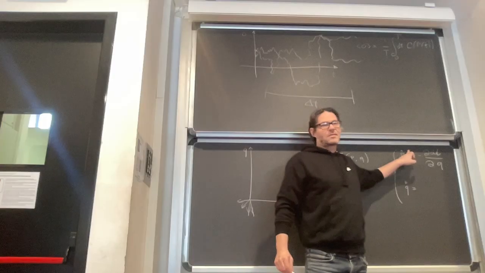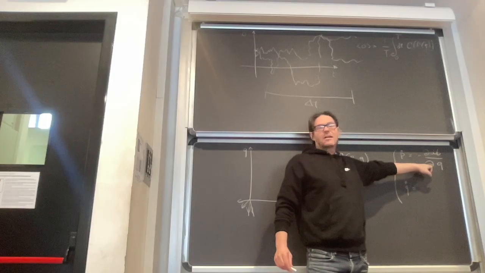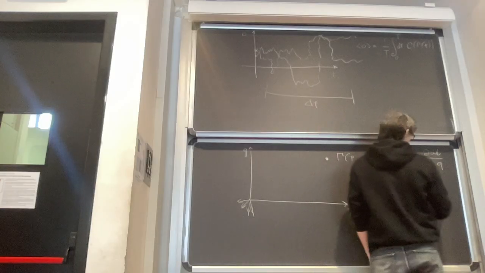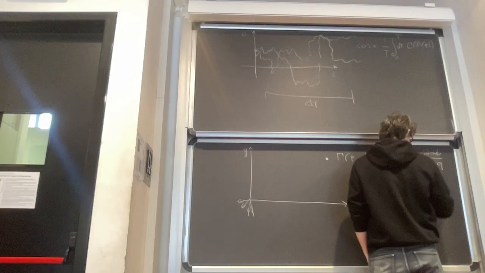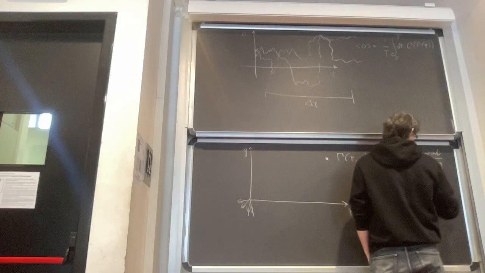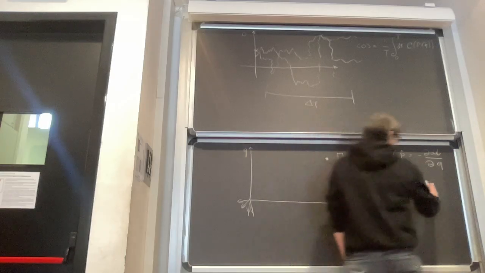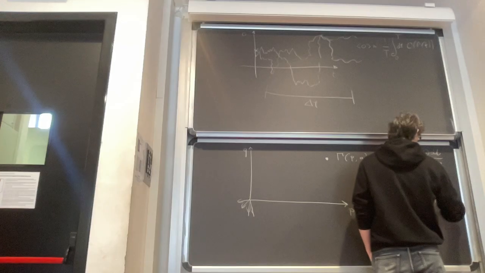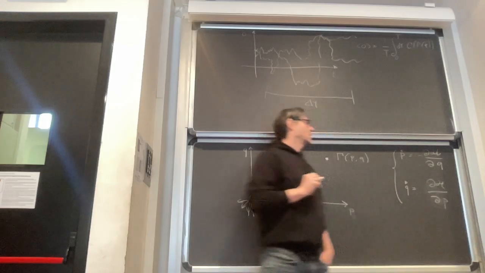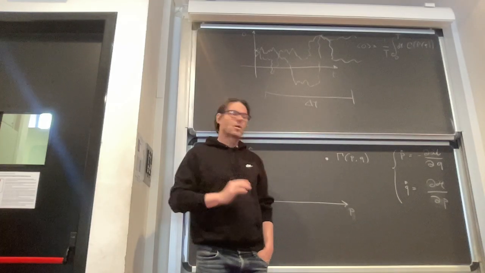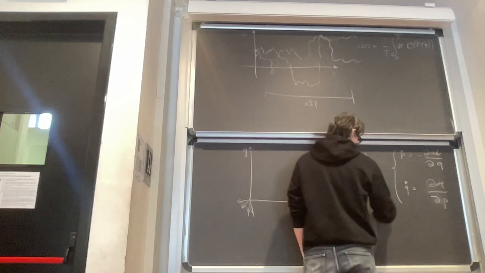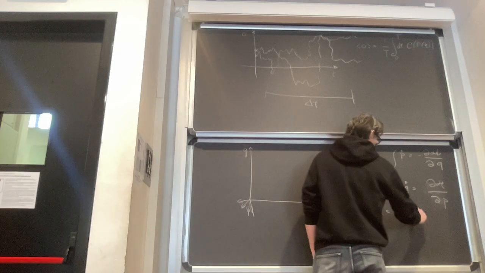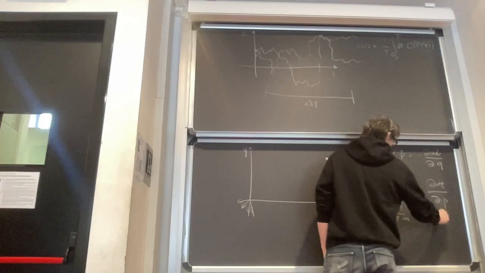P dot is the acceleration times mass, and this is the gradient of the potential. And the q dot is P divided by M, so it can be written as the derivative of the Hamiltonian with respect to the p's, right? Where the Hamiltonian is P squared over 2M plus U of Q.